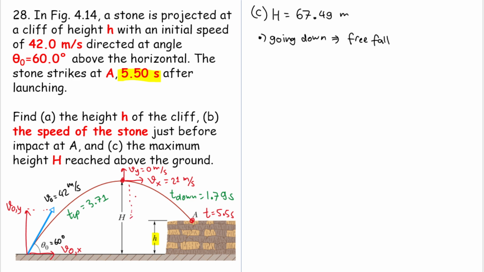I will name this height delta H. Remember that this is a free fall, so I can calculate this height as 1/2 g t squared. The gravity is 9.8, and the time here is 1.79, squared.